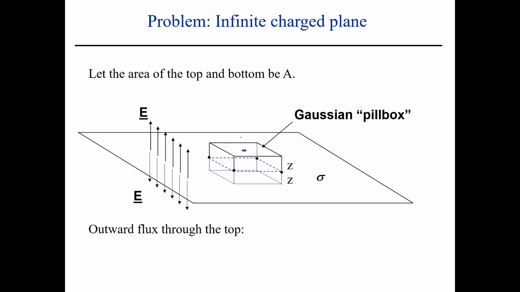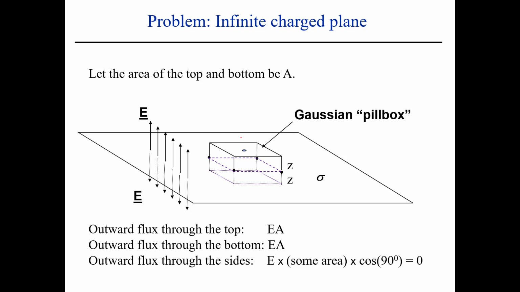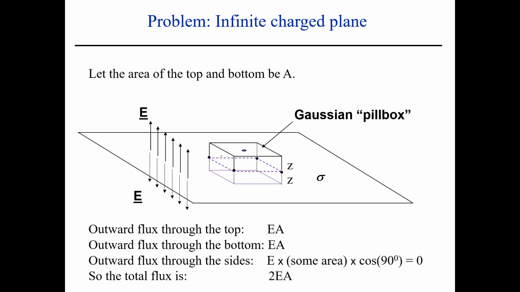Flux here is just equal to E times the area, EA. And then through the bottom, you have EA also. But the outward flux through the sides is 0. So for the 1, 2, 3, 4 sides, it is 0. So the total flux is just equal to 2 times E times A, 2EA. Okay?